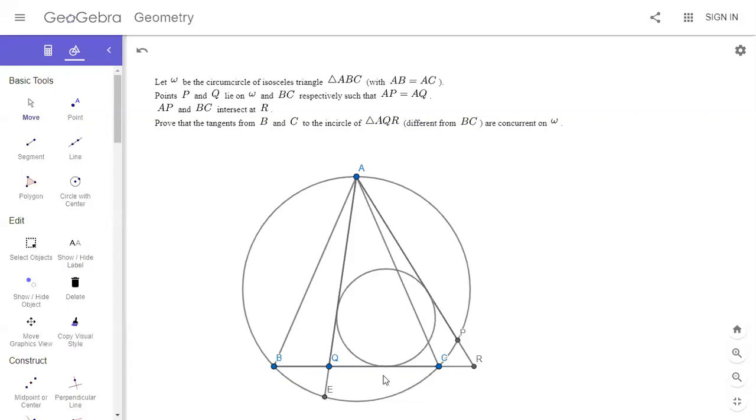So we have AQ times AE is equal to AP times AR by the shooting lemma because A is the midpoint of arc BC.